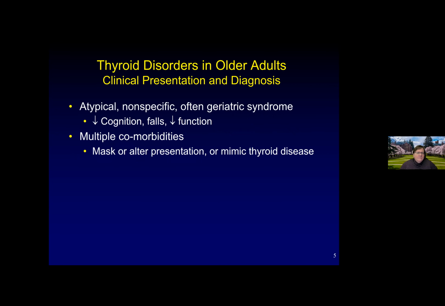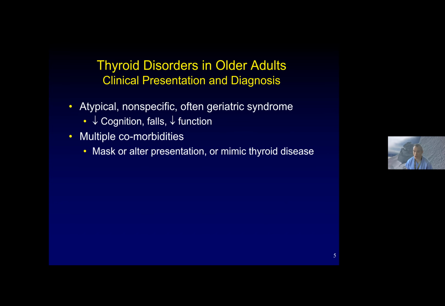So speaking about thyroid disorders in older adults, it's important to keep in mind the clinical presentation and diagnosis, because sometimes it can be atypical. So it may not be something that you've been taught in school or that you read in the books. Sometimes it's non-specific and can include things that are common in the elderly, such as decreased cognition, increased rate of falls, or decreased functionality overall.